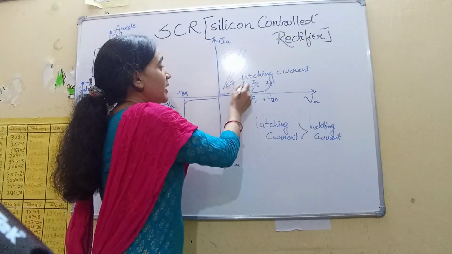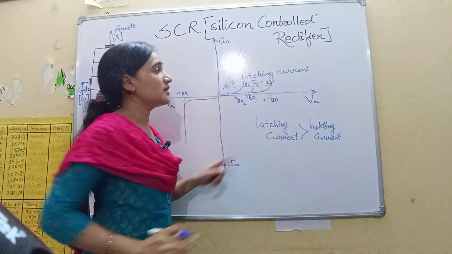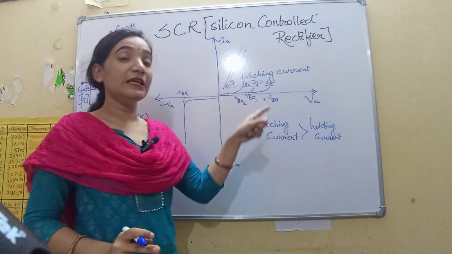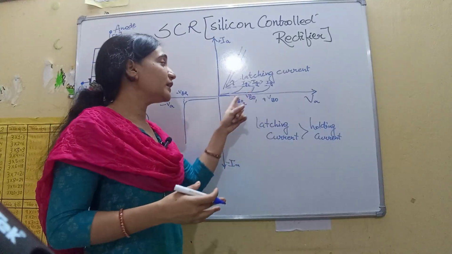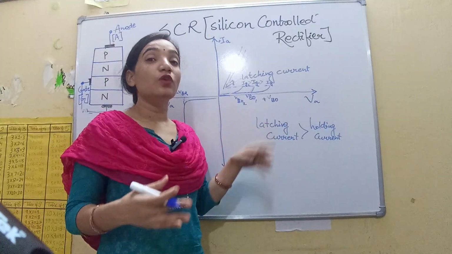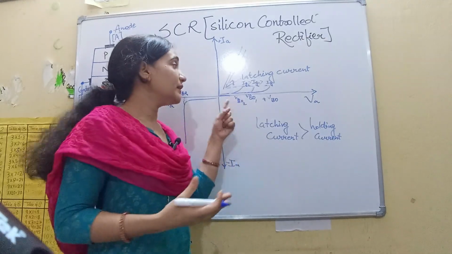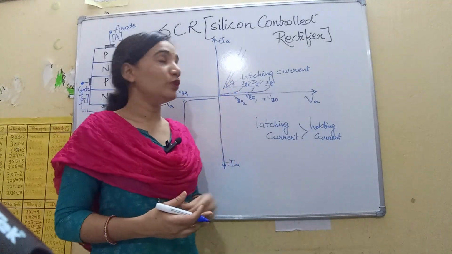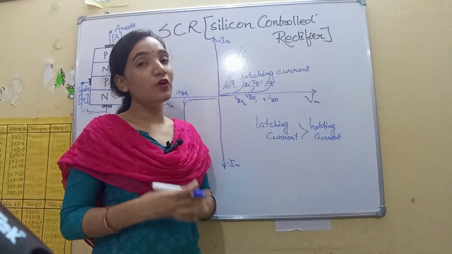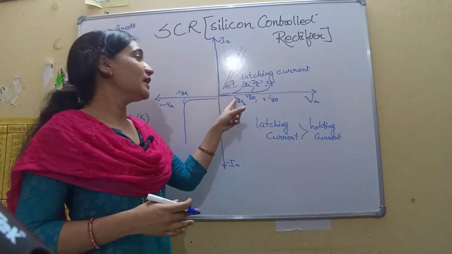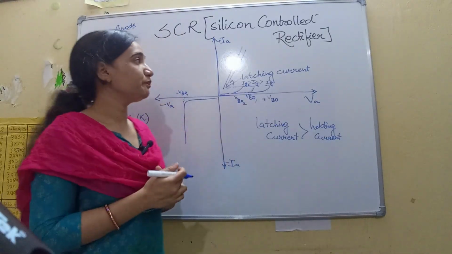So here Ig2 is more than Ig1 and Ig, means if we are increasing the gate trigger or gate voltage, we are getting the breakover voltage earlier, and at the lower breakover voltage we are able to make the SCR conduct, and the flow of current is happening at the lower breakover voltage.